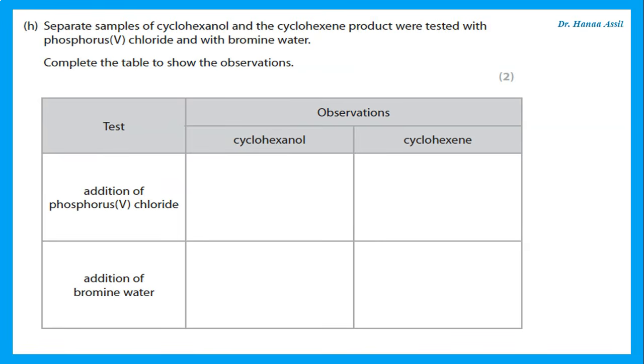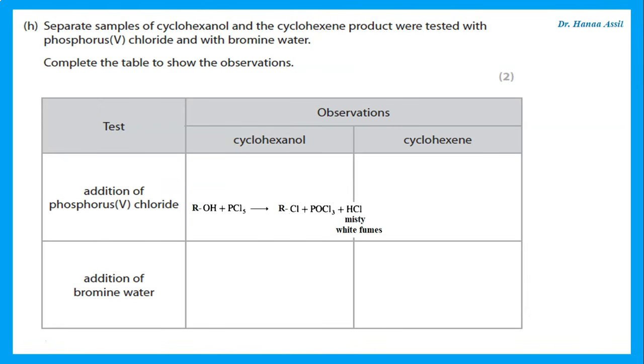Separate samples of cyclohexanol and cyclohexene product were tested with phosphorus pentachloride and bromine water. So we're going to add phosphorus pentachloride to cyclohexanol and cyclohexene. The first question is, phosphorus pentachloride is a test for what? We should know it's a test for OH. And this could be an OH of an alcohol or an OH in an acid.